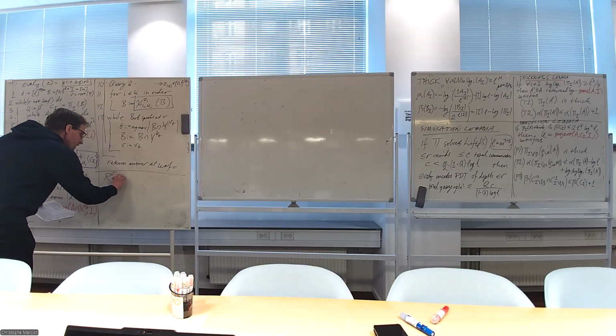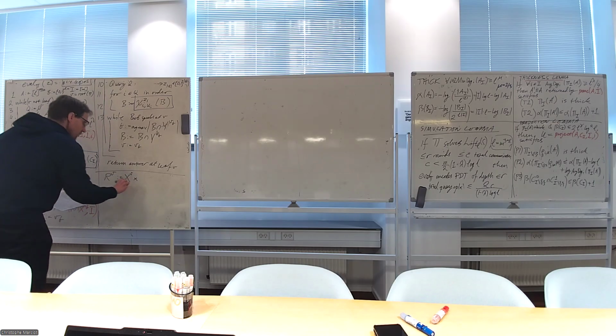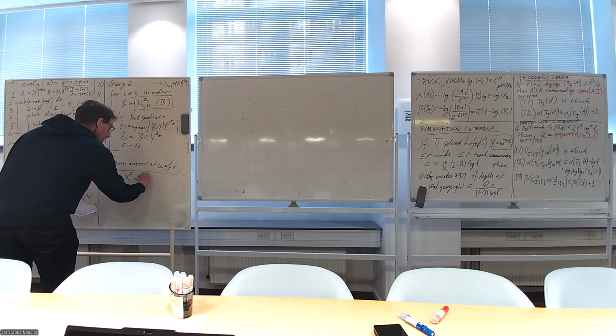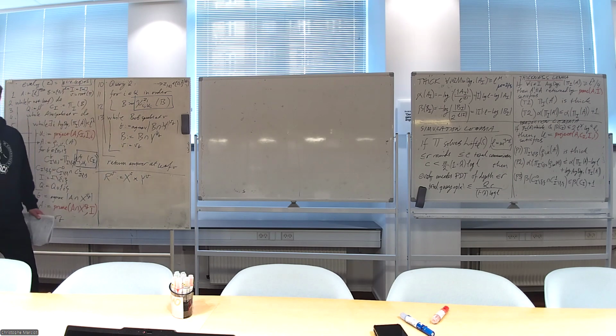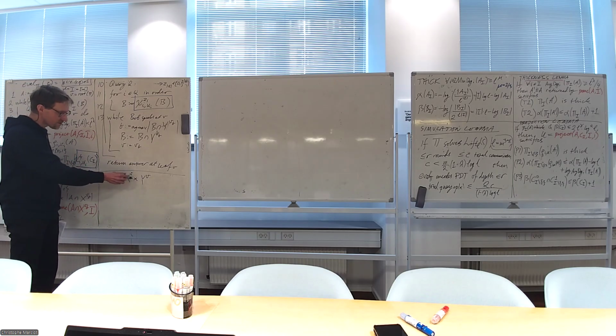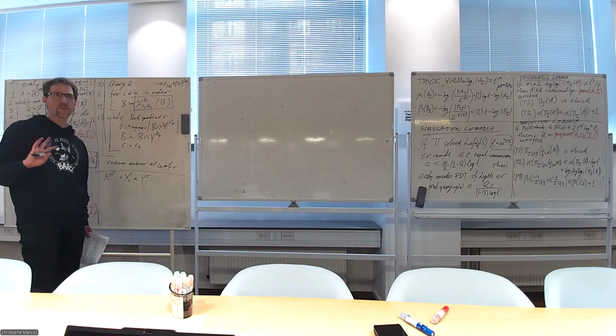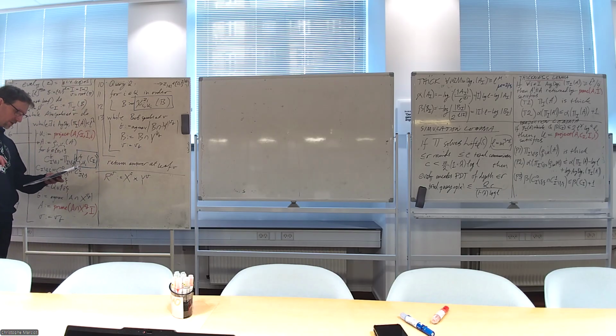R^V, I just define to be X^V times Y^V. It's a basic fact of deterministic communication that the set of all consistent inputs at this node is just the Cartesian product of Alice's set times Bob's set. There's no dependency between them. This requires an argument, but it's a standard fact in deterministic communication complexity.